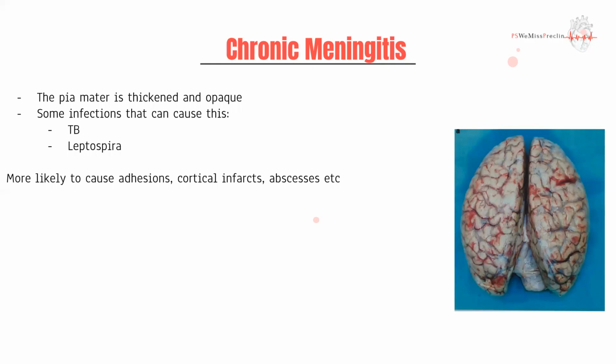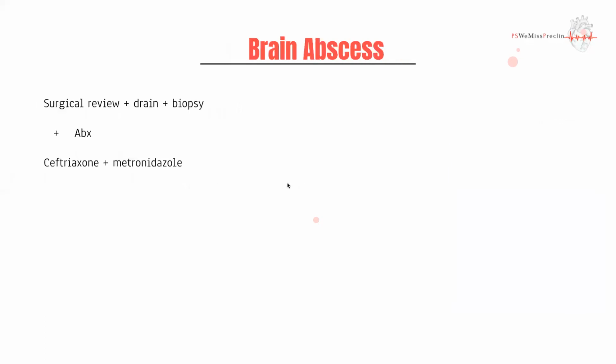You can have some other weird and wonky infections like TB or leptospirosis that can present with chronic meningitis. Because of this low level of chronic inflammation, you can often get adhesions. The inflammation might kink blood vessels, and you may have distorted blood supply causing cortical infarcts. And then you can also go on to develop abscesses.